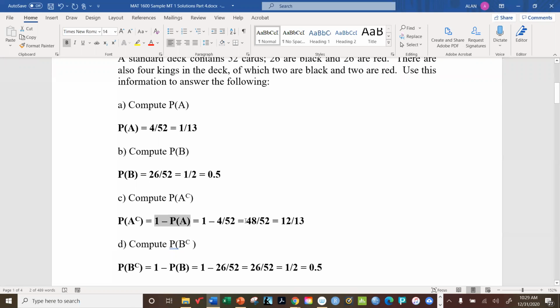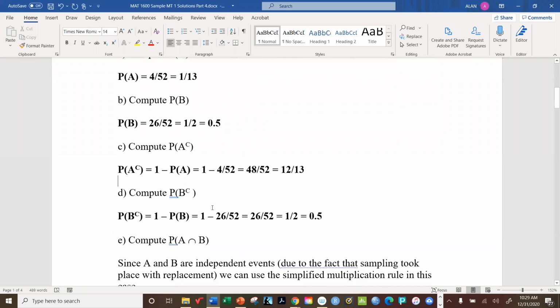Therefore, this probability is 48 out of 52, which reduces to 12 out of 13. And again, this part is not absolutely necessary. For the same reasoning, B complement would therefore have a probability of 1 minus the probability of B, or 1 minus 26/52, which reduces to 1/2 or 0.5.